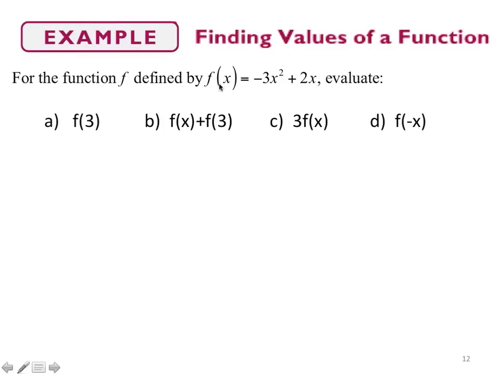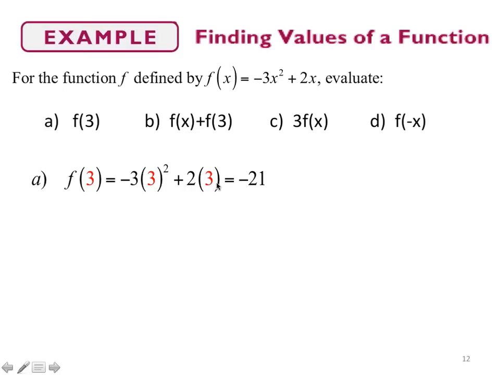In order to find f of 3, or f of any number, all you have to do is take whatever's in parentheses, in this case 3, and plug it in everywhere we see an x. So f of 3 is going to be -3 times 3 squared, because we're taking this 3, which is in red, and plugging it in everywhere we see an x. So we have -3 times 3 squared plus 2 times 3.